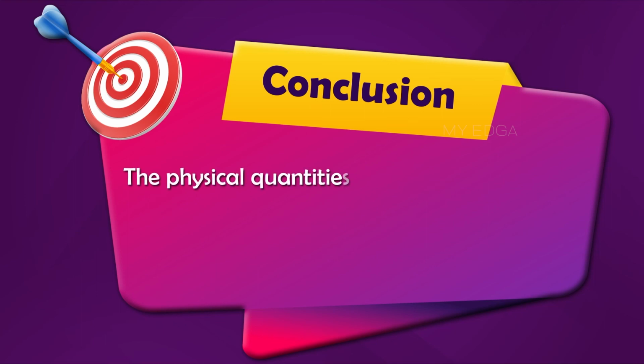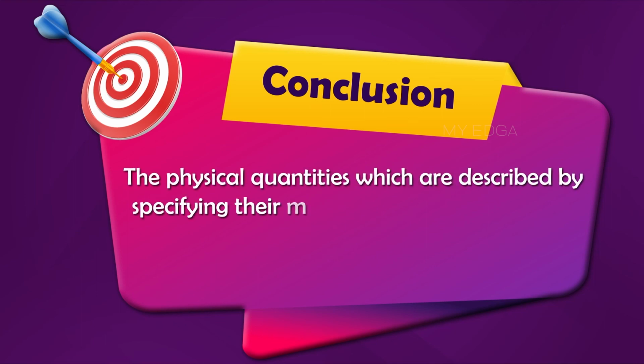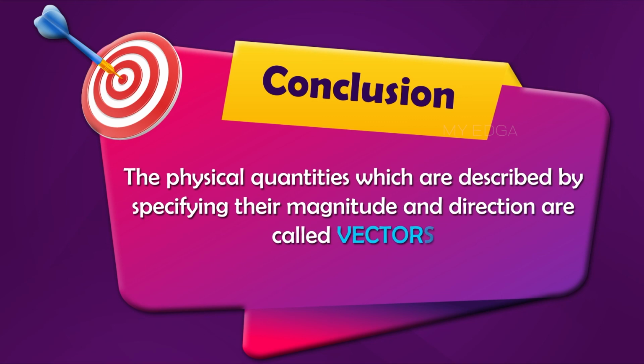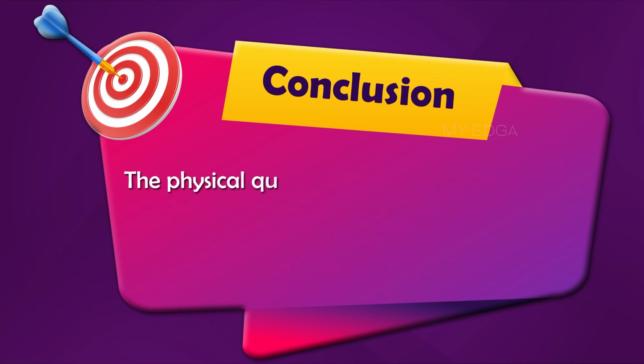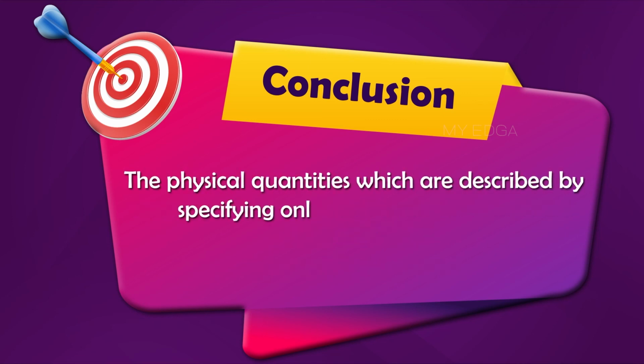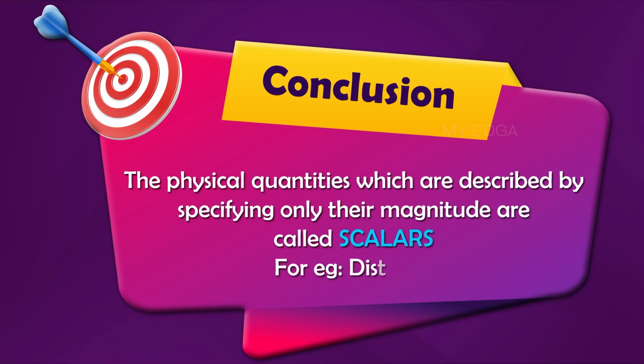The physical quantities which are described by specifying their magnitude and direction are called vectors. Physical quantities which are described by specifying only their magnitude are called scalars.